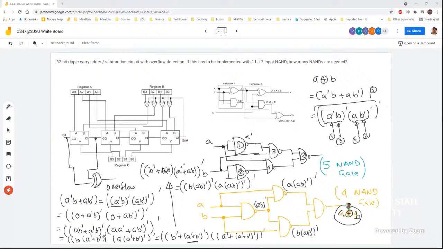Okay, so in this problem, let's use the XOR gate with the 4 NAND configuration. And let's calculate this with a 32-bit ripple carry adder subtraction with the overflow detection. How many NAND gates will there be?